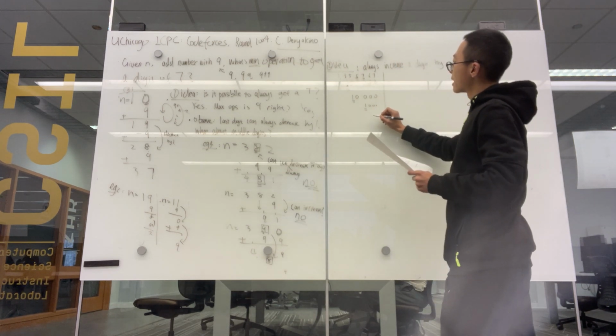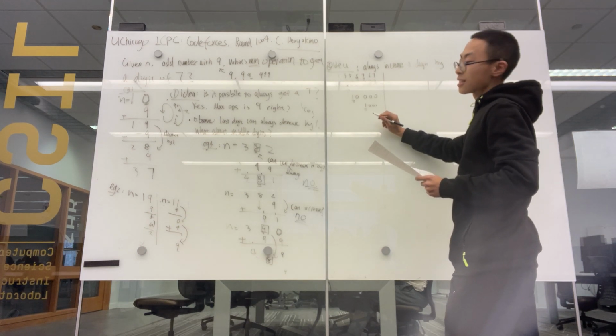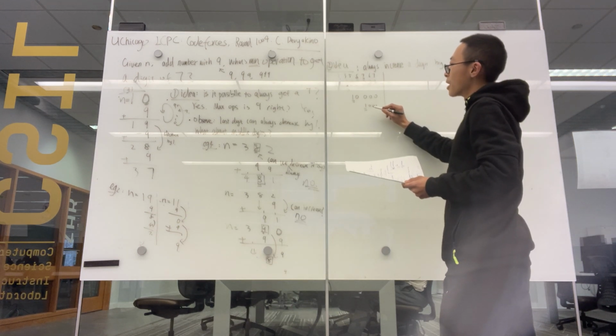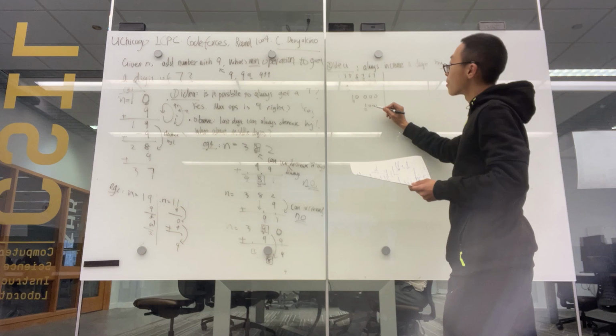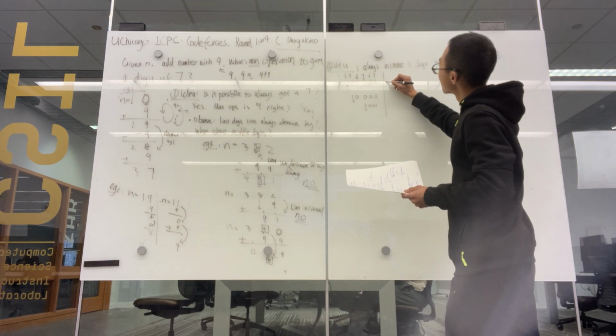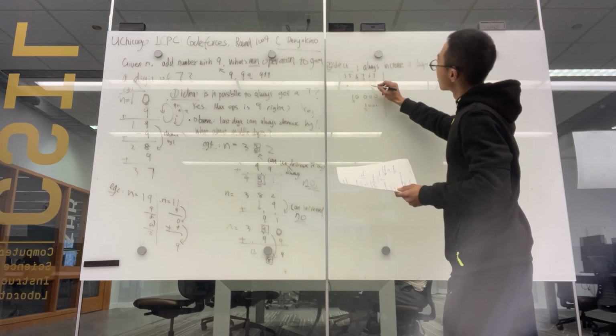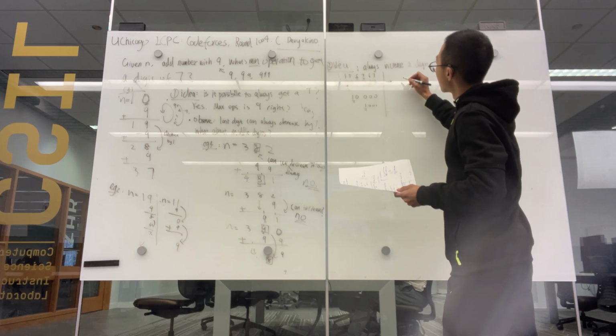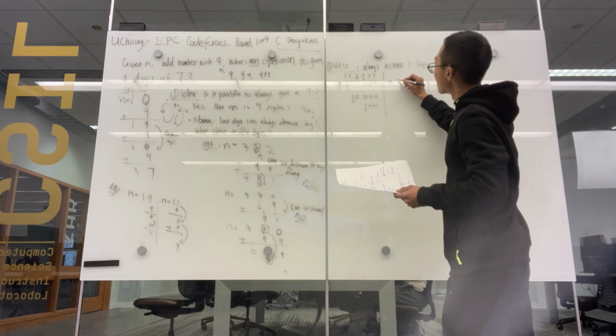We observe that 999 is not so different from 1000, right? So this is just 2, 3, 4, 5, 9 plus 1, isn't it?